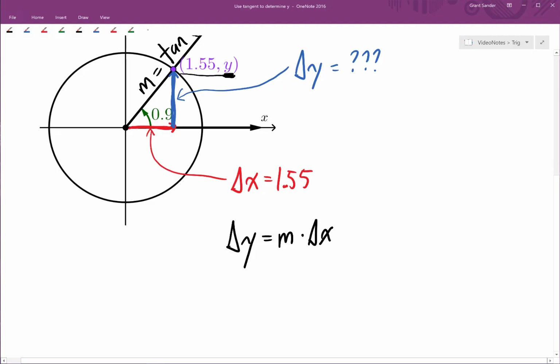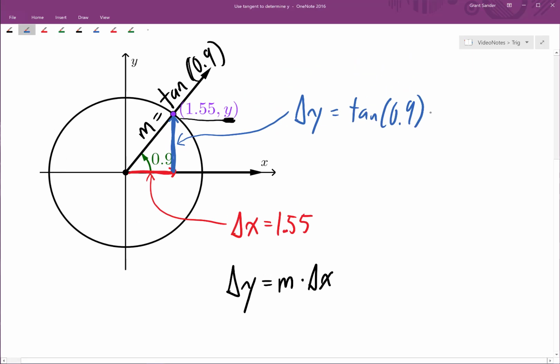Therefore, that change in y is going to be equal to tangent of 0.9 times the change in x. So tangent of 0.9 gives us the slope, and then the change in x was 1.55, and therefore tangent of 0.9 times 1.55 gives us that change in y, and that has the value of approximately 1.95.